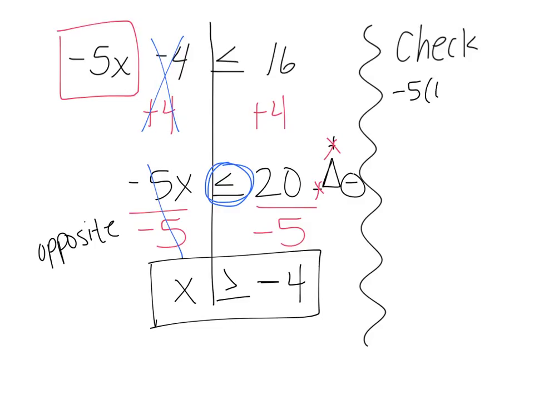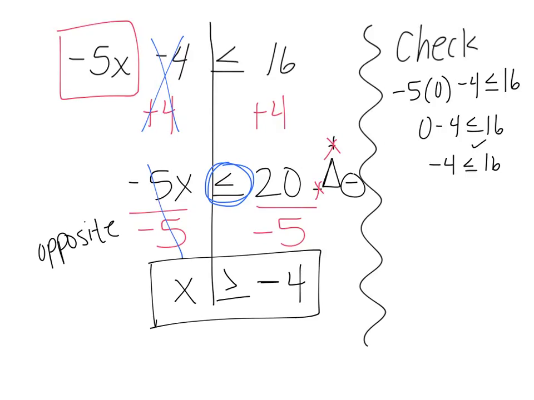So negative 5 times 0 minus 4 is less than or equal to 16. Let's see if that works. Negative 5 times 0 is 0, minus 4 is negative 4, which is less than or equal to 16. So ta-da, it works.